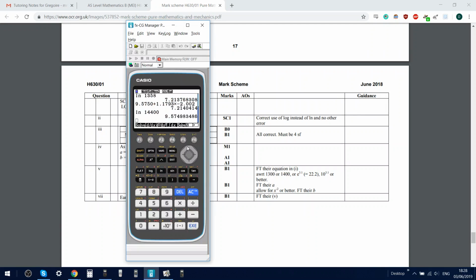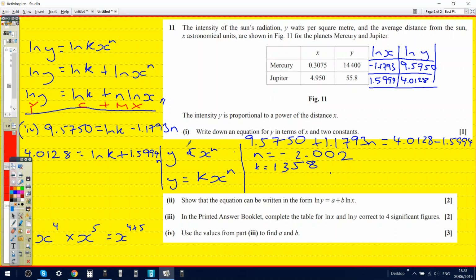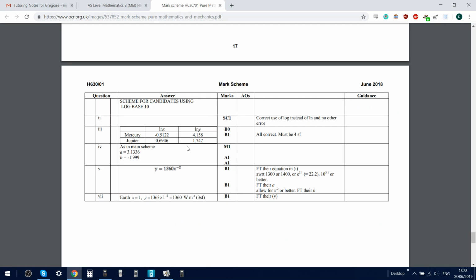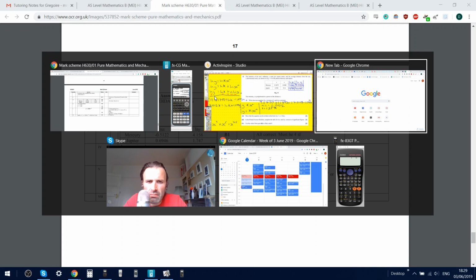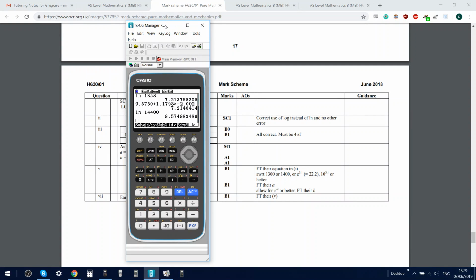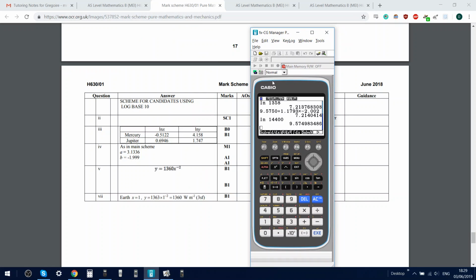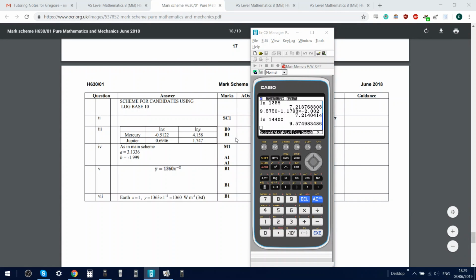So this is part 3. Part 3 is ln X and ln Y. I feel that earlier I may have got that though. Radians or something? I've never used radians, so I don't think so. I don't understand this at all. So let me use my other calculator.